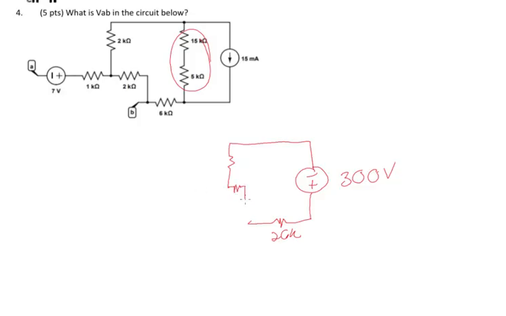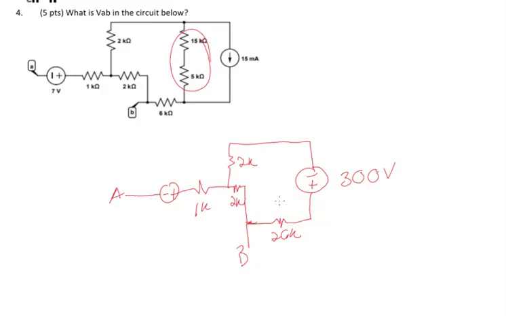From here, this is our 2K that we're finding the drop across. Is that other 2K, and then there's the 1K, the voltage source, 7-volt voltage source, and then point A, here's B.